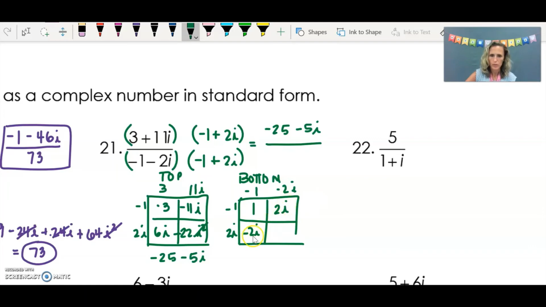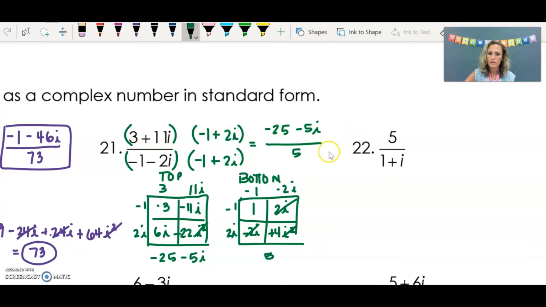These, again, should be opposite signs, same terms, opposite signs because of the complex conjugates. And then 2i times -2i is -4i squared. These two are going to eliminate because they're opposites, they just cancel each other out. i squared is a -1, which changes this to a positive 4. So now I have 1 plus 4, which is 5. So my denominator is 5.